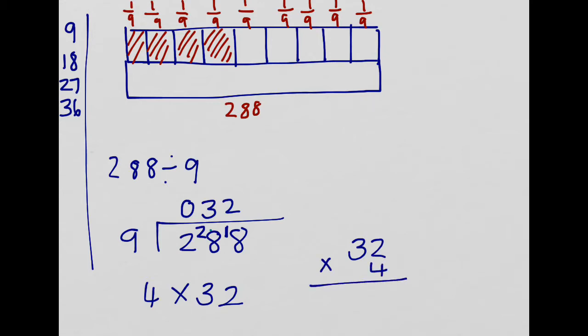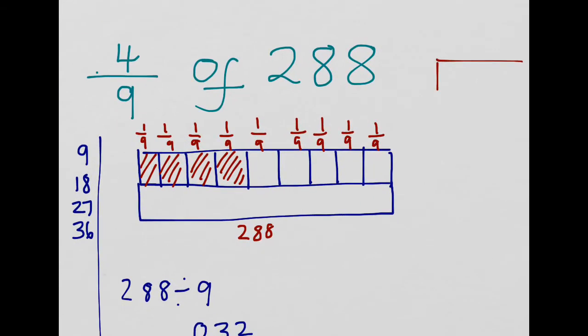I'm going to do it this way. It's whichever way you really have that solid understanding of. So 4 multiplied by 2 is 8, and 4 multiplied by 3 is 12. So that's 128 is the answer. So that there is the answer to the original question, which is 4/9 of 288.